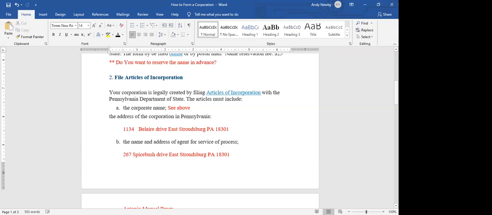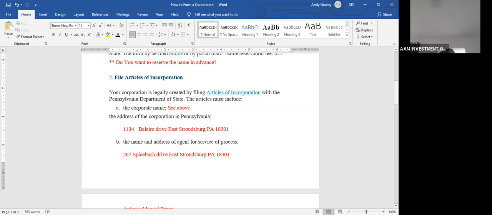So what would be the best address to tell them to put for the corporation? Would it be like your home address or like a different place that you're renting out? Okay, I'm going to say this. If you live in a house, meaning not an apartment, but a house, then you can use your house address as your registered agent address.